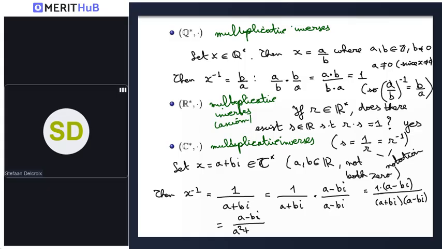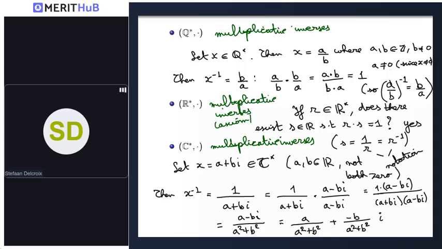So it is indeed, I really don't know what the word is, realized. We made the denominator real. Now, what is this as a complex number? It's a over a squared plus b squared plus the opposite of b over a squared plus b squared times i.